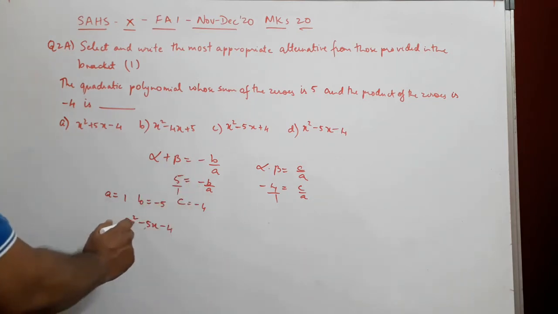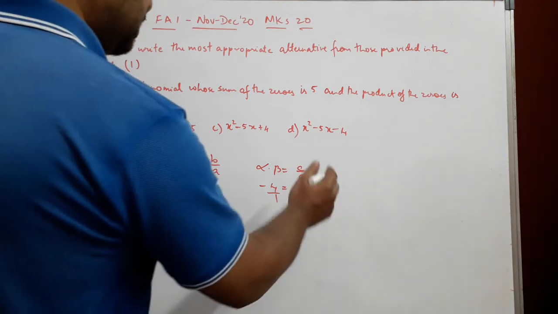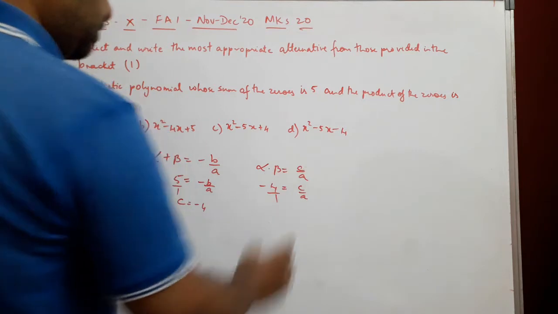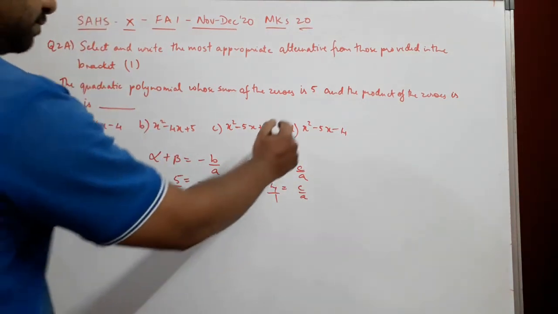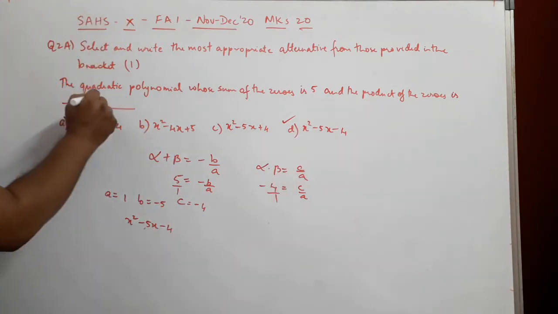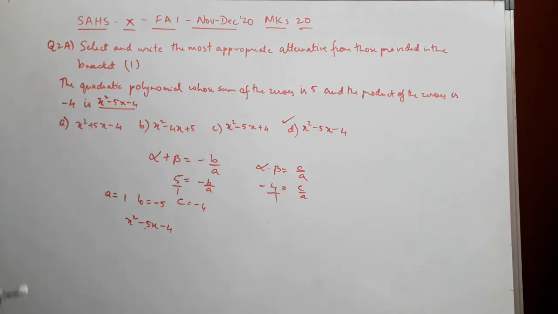So x square minus 5x minus 4, that comes to, this is our answer, D, that is x square minus 5x minus 4. That is for 1 mark.